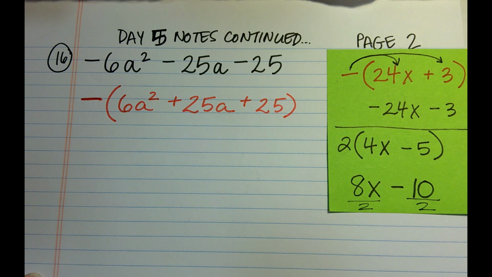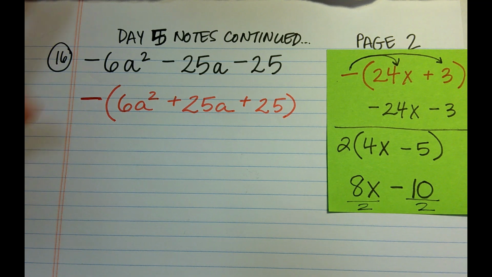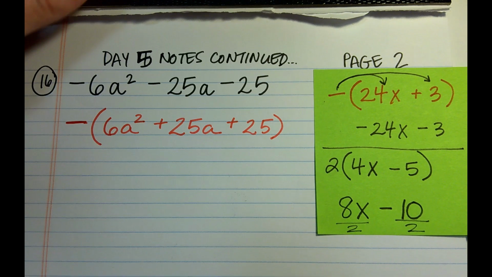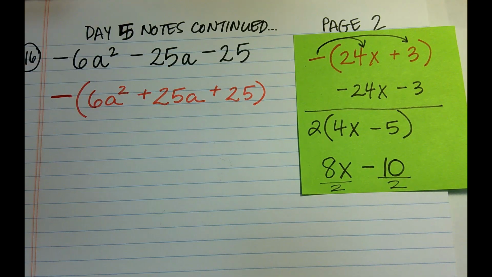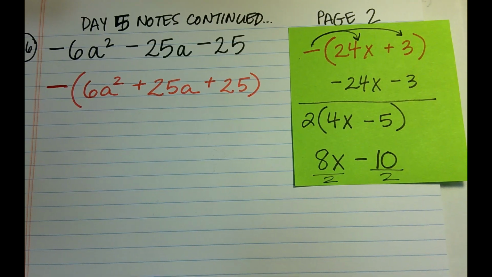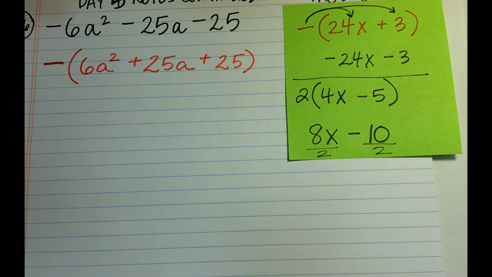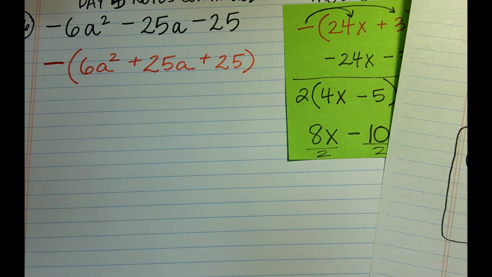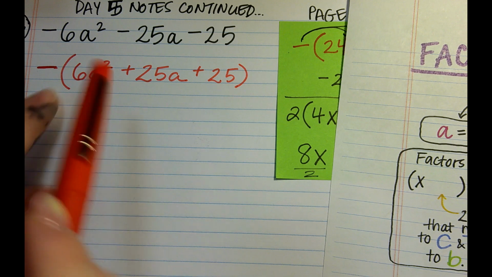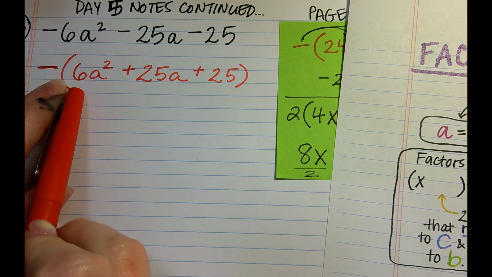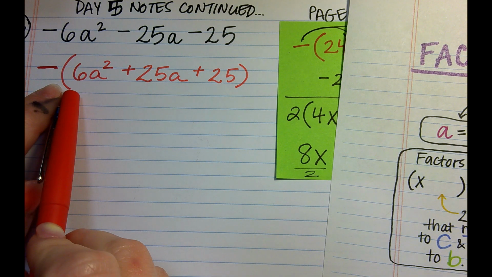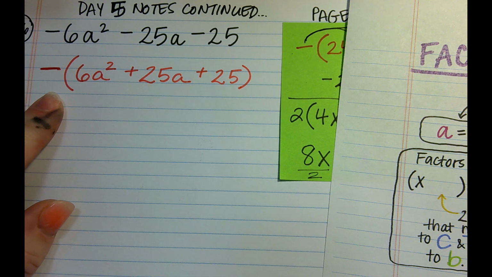Is our A equal to 1? No. So what do we need to do? Include it. We could include it, but what should we check for always? Always check to see if there's a greatest common factor. We want to see if we can reduce at all. Is there a greatest common factor? Can I divide them all by 2?